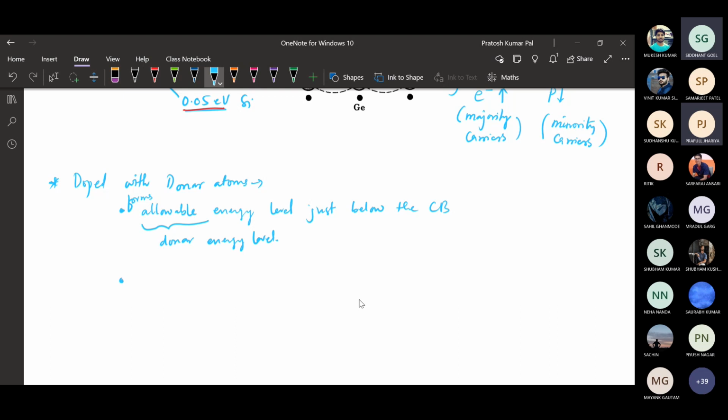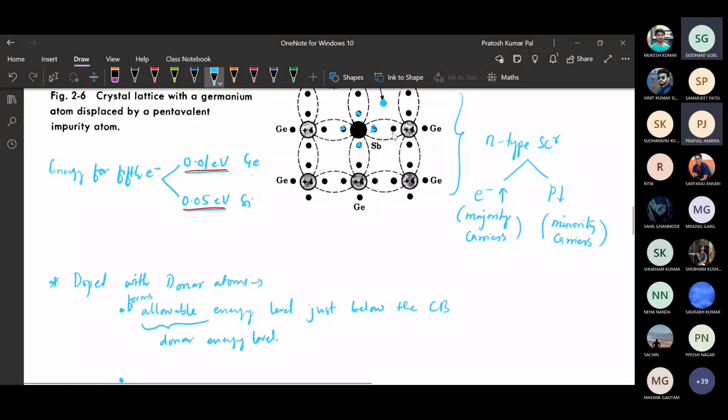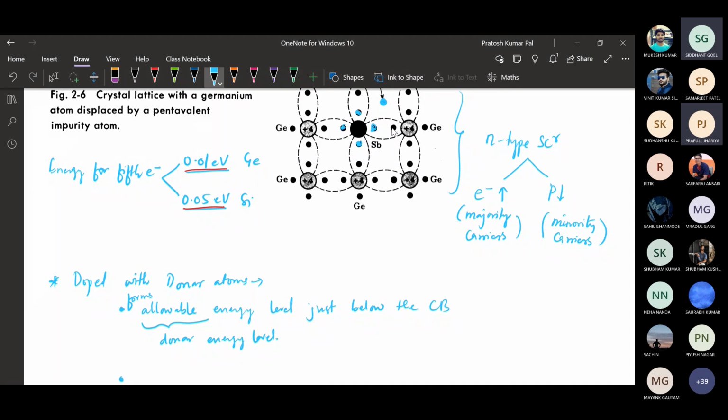Also, this donor energy level is because of the extra electron, or because of the impurity that we have added. An energy level is basically formed by discrete energy levels of different atoms. As we dope this germanium with antimony, we have a large number of antimony atoms, and these antimony atoms are placed discretely, far apart.